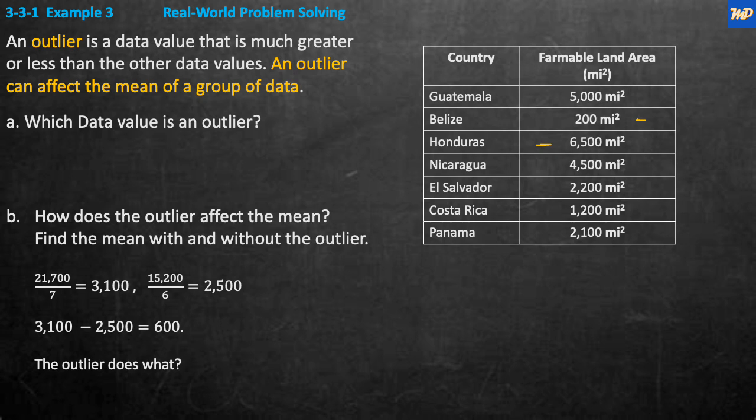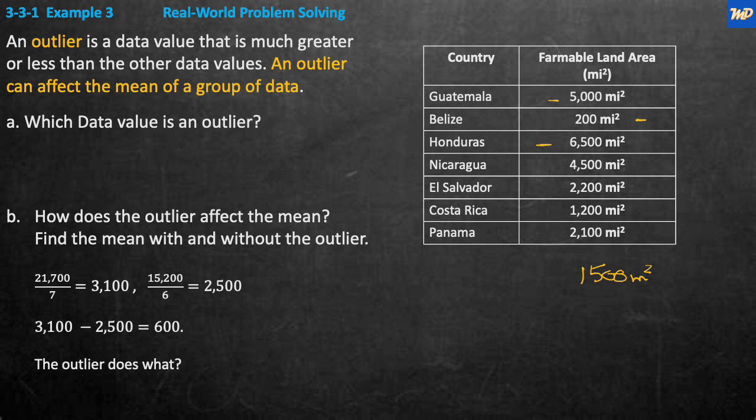So now the question you have to ask yourself is, which one is farther from its next closest, a greater spread? If I look at Honduras compared to its next closest, which appears to be Guatemala, 6,500 minus 5,000 is 1,500 miles square. That's the difference between Guatemala and Honduras. Now for Belize, it's 200. What's the next closest to Belize?